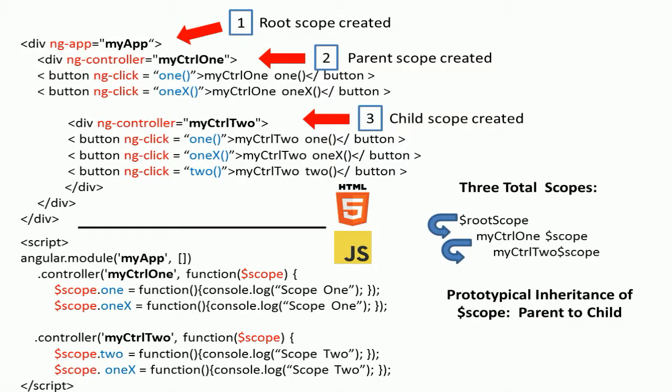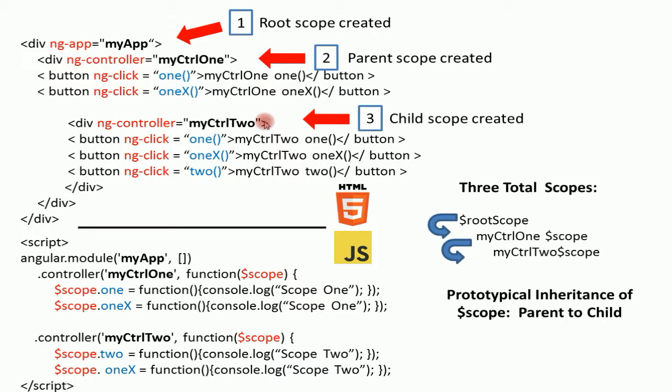On this slide, we have an example of the parent-child scope relationship. One of the controller scopes is a child of the other controller scope. The div linking to the myCTRL1 controller is a parent to the div element linking to the myCTRL2 controller.